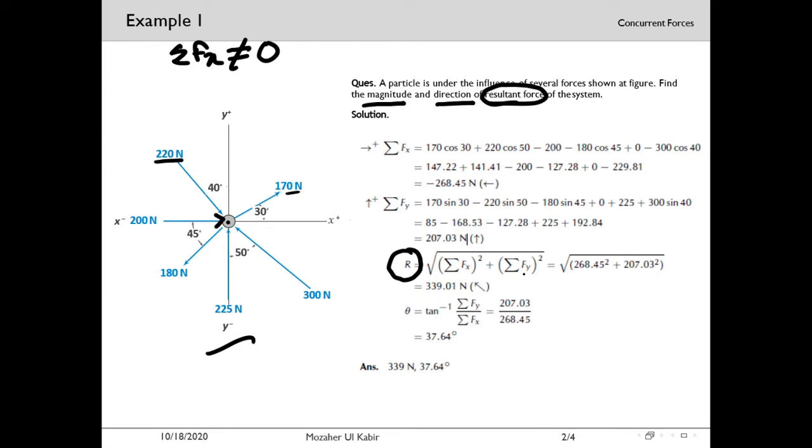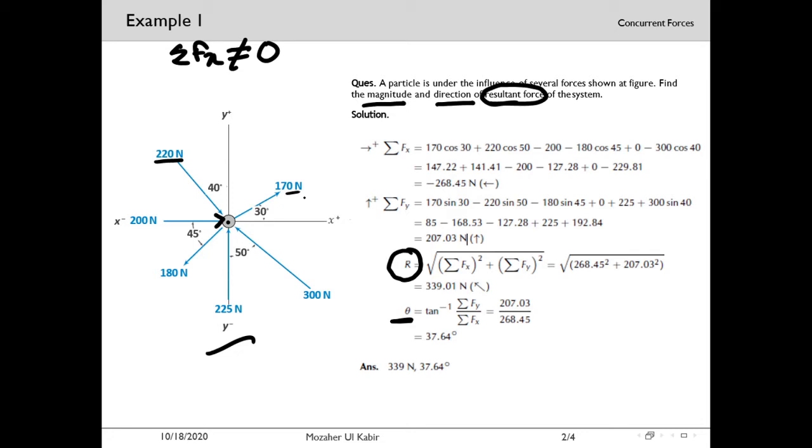And similarly, the formula for calculating the direction, which is the angular direction, is theta equals tan inverse summation of Fy by summation of Fx. This is simply the formula for denoting the direction of the resultant force. So let's see how we can calculate Fx and Fy first.